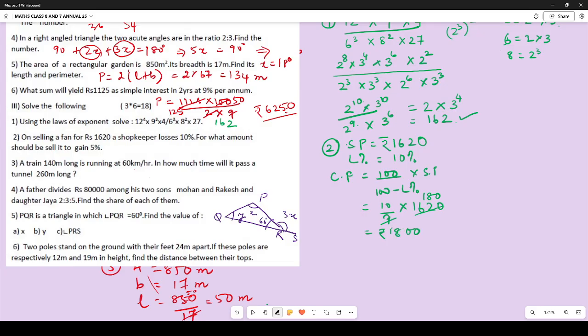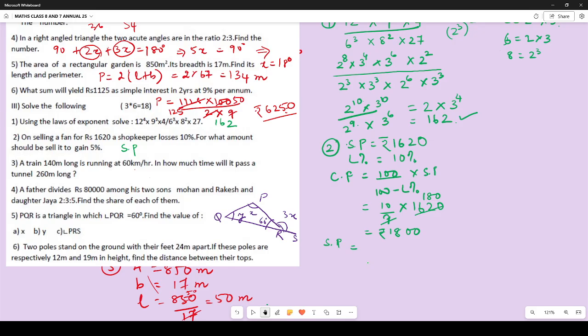1800. Now we have to find out for what amount should he sell it to gain 5%. Here we have to find out the SP, right? So what should be the SP in order to make a gain? So SP, how do we calculate SP?